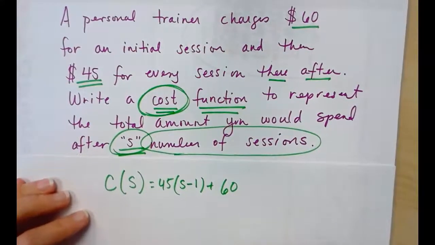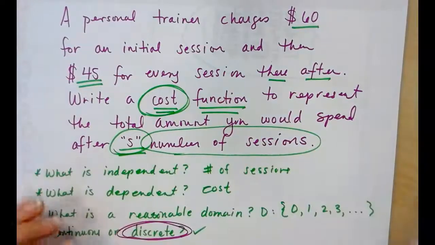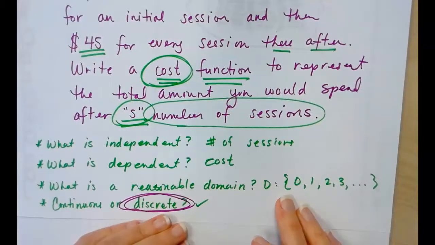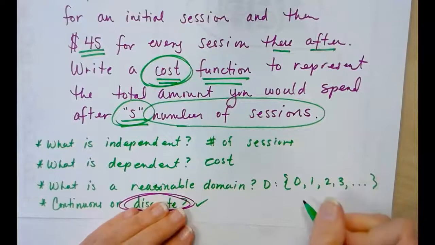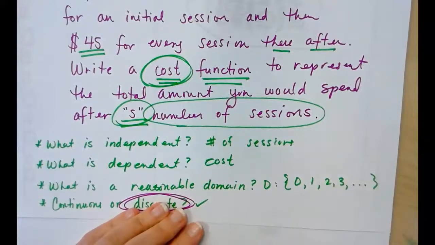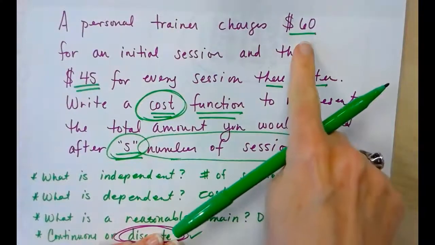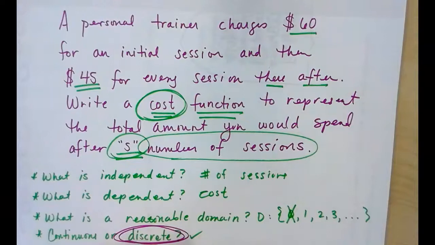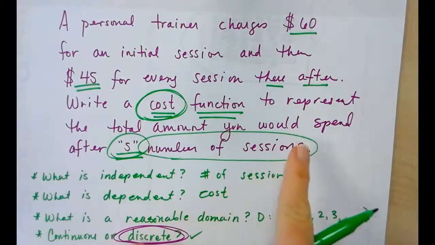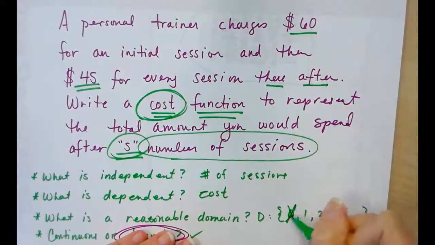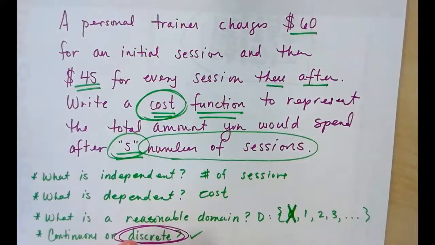So now, let's think about this, and I'm going to change my answer back here. Because what is my reasonable domain? Can my reasonable domain start with 0? I don't believe it can, because it says a personal trainer charges $60 for the first session, but then $45 for every one thereafter. So can 0 be in the reasonable domain?